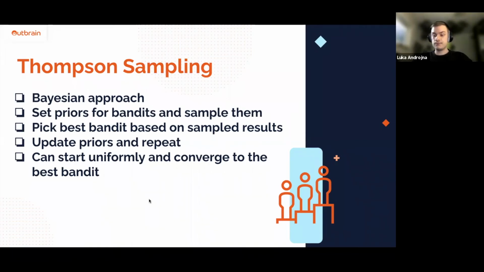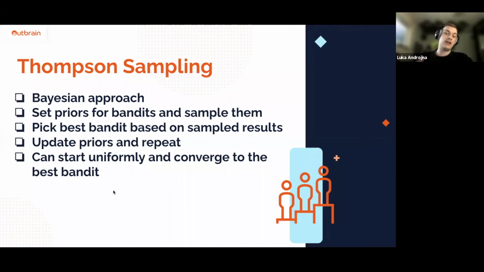So essentially, Thompson sampling works exactly as you would want multi-arm bandit problems to be solved. You usually start with a uniform split and then start converging to the best groups more and more. So more traffic goes to the best performing bandits, and you omit all of the bandits that are performing badly or just worse than the best bandits.